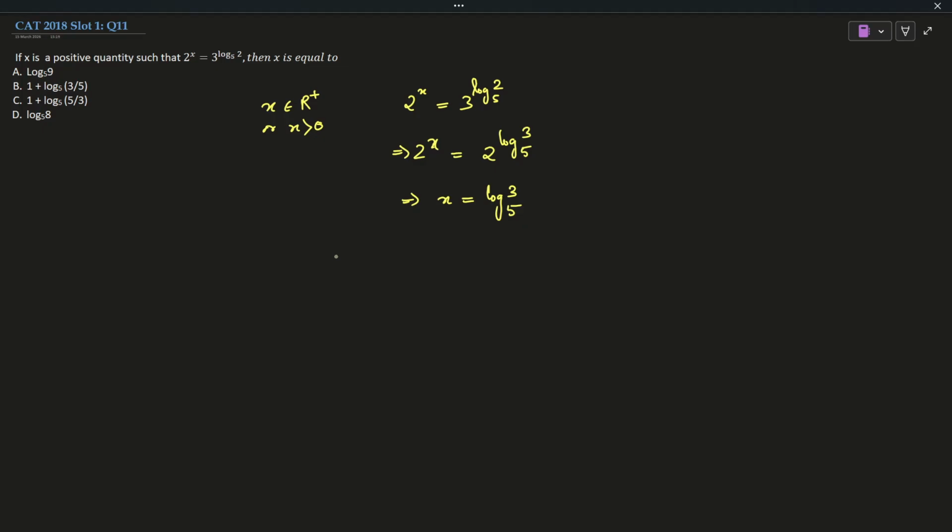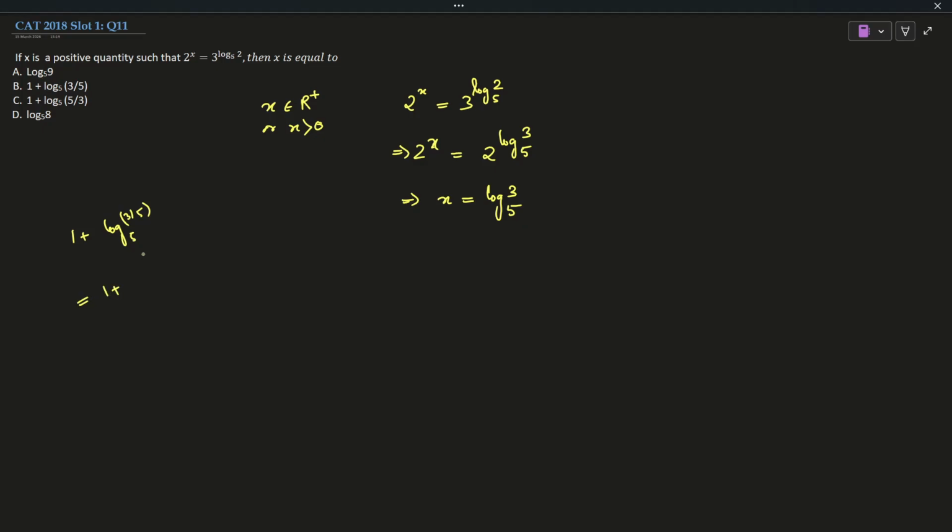I don't see this value directly in the options. See, option A is not correct, option D is not correct, option B is 1 plus log 3 by 5 to the base 5.